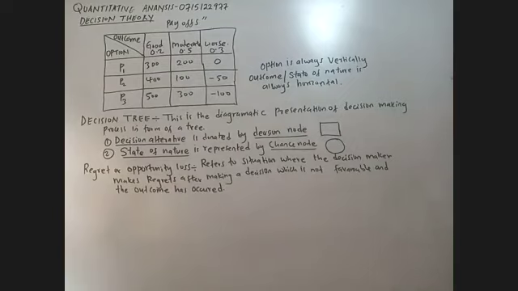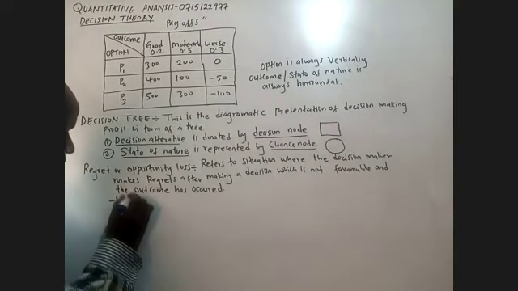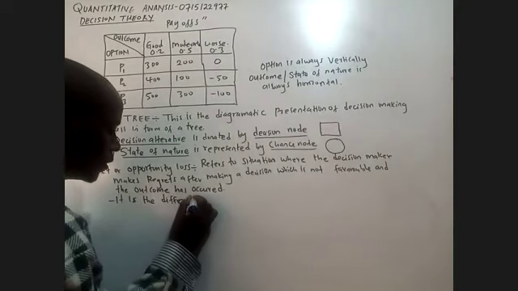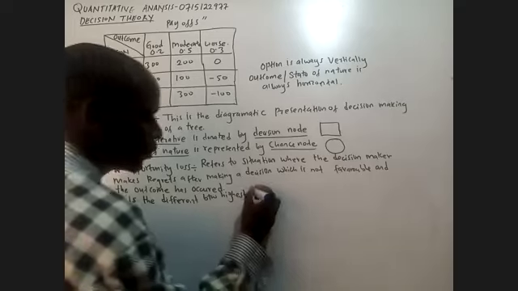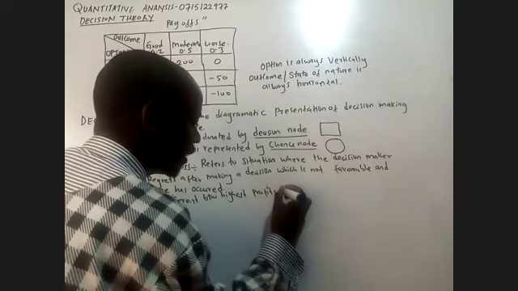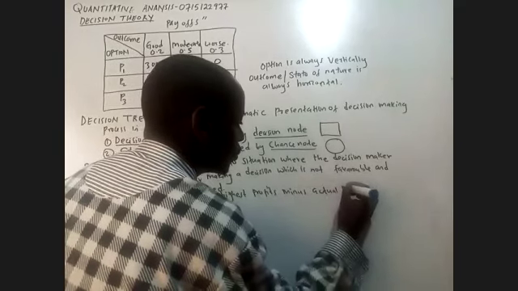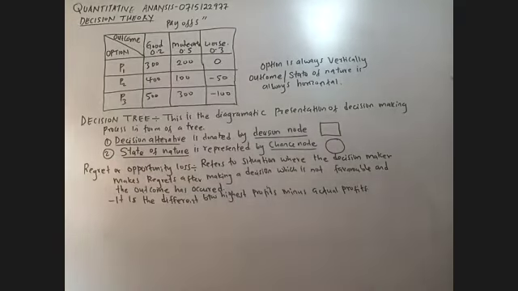Now from our Word document, it refers to the difference between the highest possible profit for the event minus actual profit. This one is very important. It is the difference between the highest profits minus the actual profits.